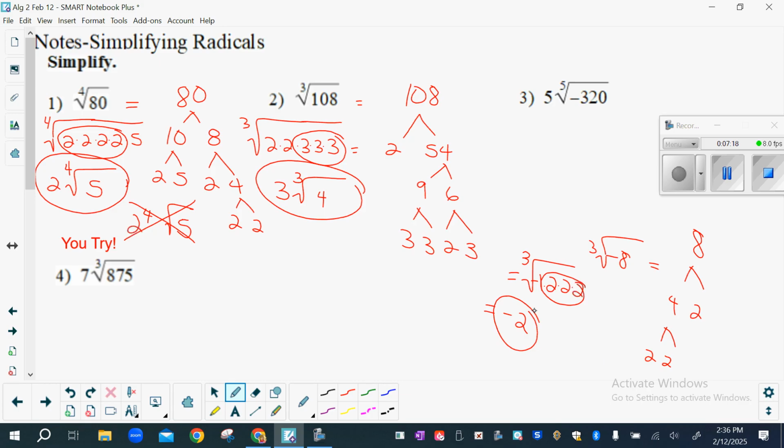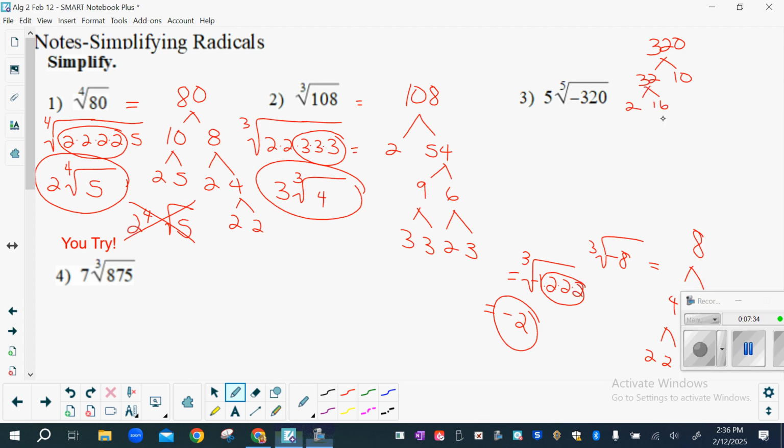Okay, so now let's go back up and do this one. What goes into 320? 32 and 10. 2 and 16. 4 and 4. 2 and 2. 2 and 2.